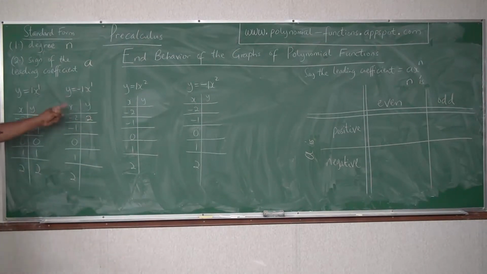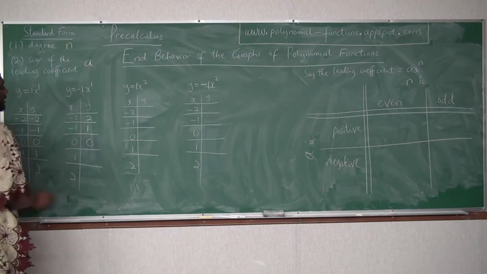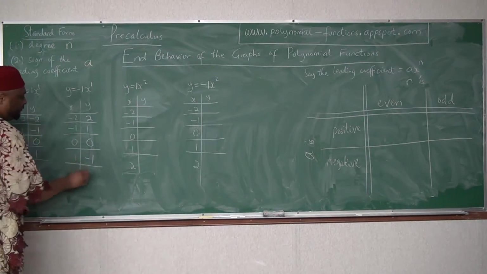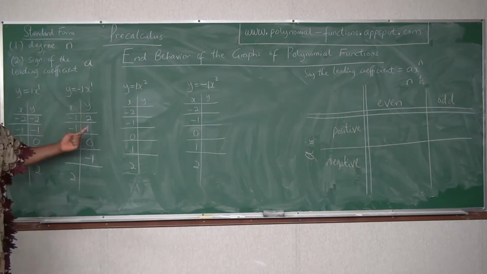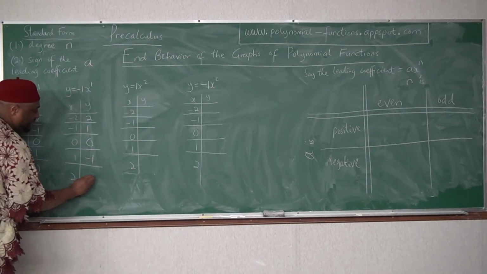When x is -1, y will be -1 times -1, which is 1. When x is 0, y is 0. When x is 1, y will be -1 times 1, which is -1. And when x is 2, y is -1 times 2, which is -2.